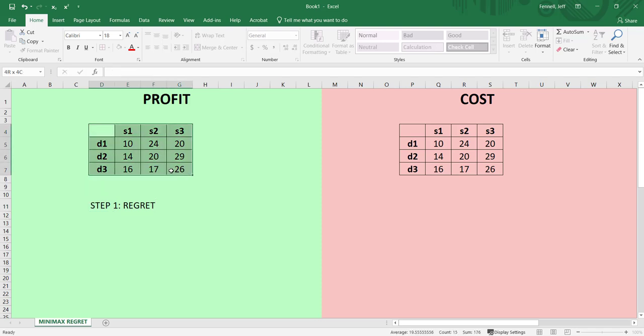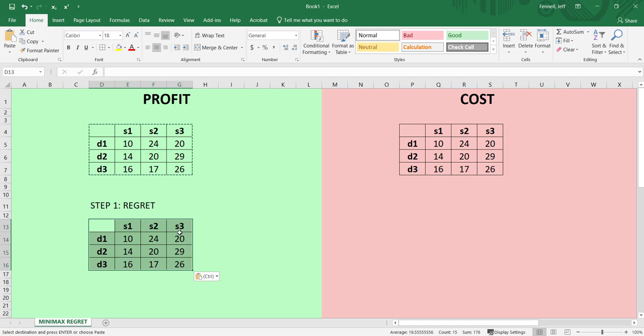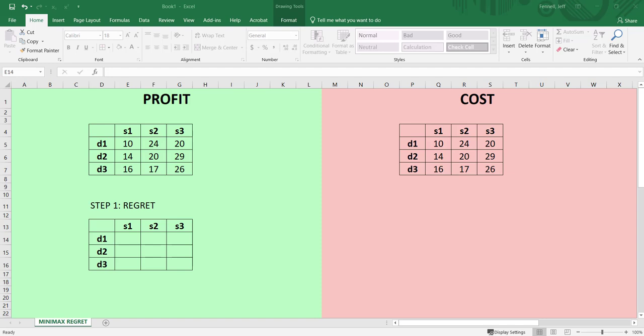Let me just copy and paste this for ease's sake. Okay. But now we're not looking at the best or the worst alternative for each decision as we did before. Remember that we were looking along each decision alternative, so we started by looking in the rows. This is the only method where we're not going to do that. What we're doing here is looking first by the states of nature.